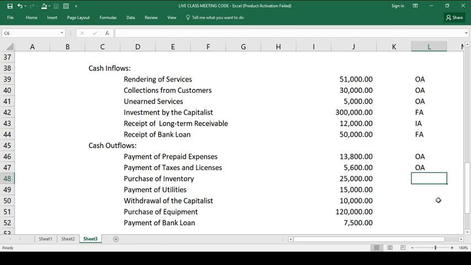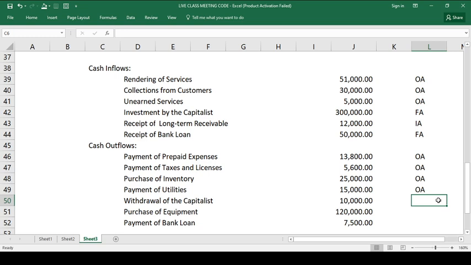Purchase of inventory, yes, purchase of supplies or inventories, these are considered operating activities. Payment of utilities. It is normal that we pay for electricity, water, telephone, internet bill. This is part of your normal operation. So that is an operating activity.